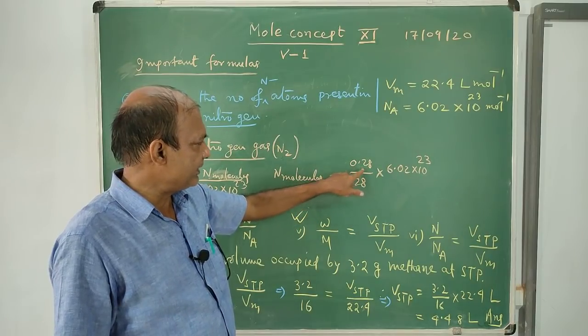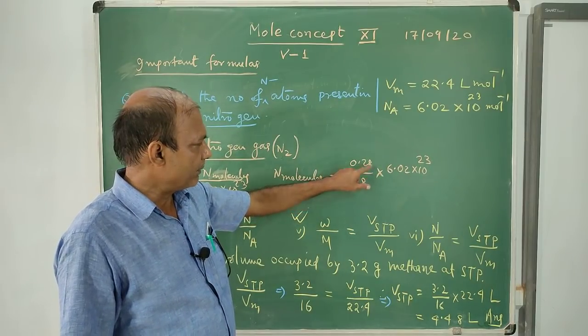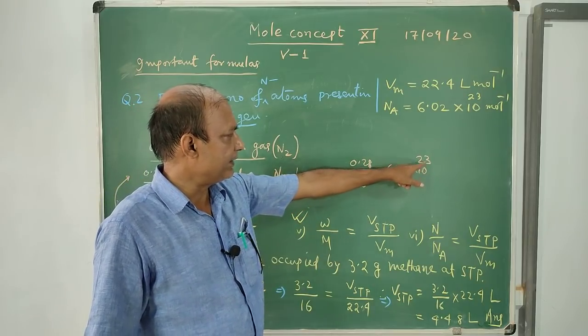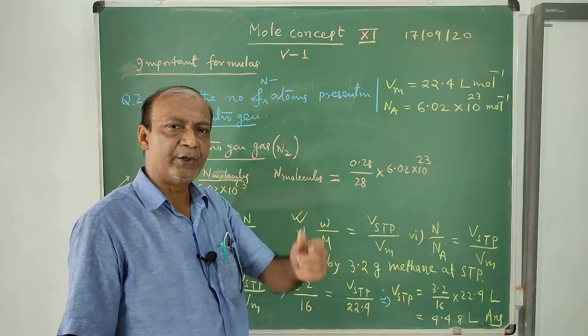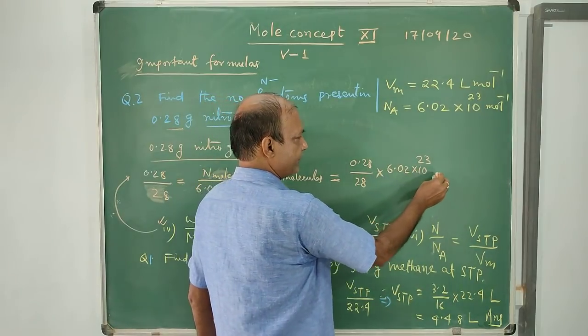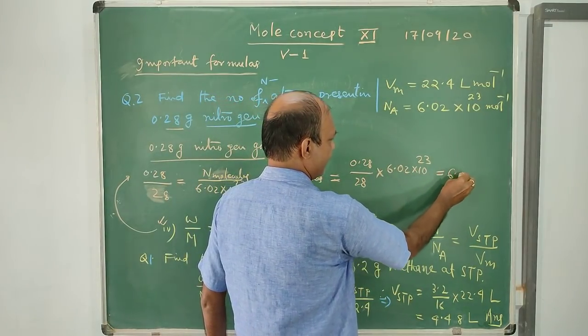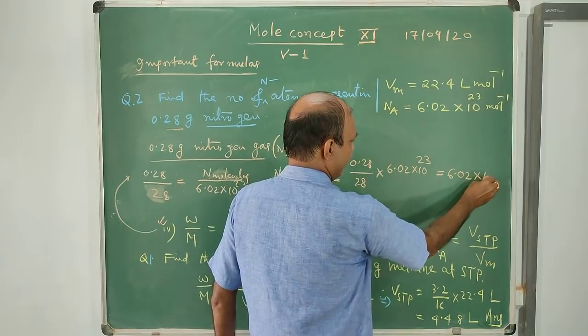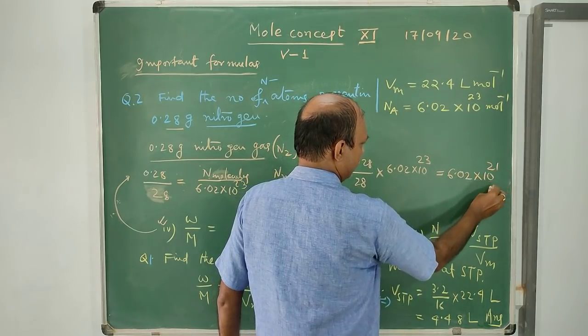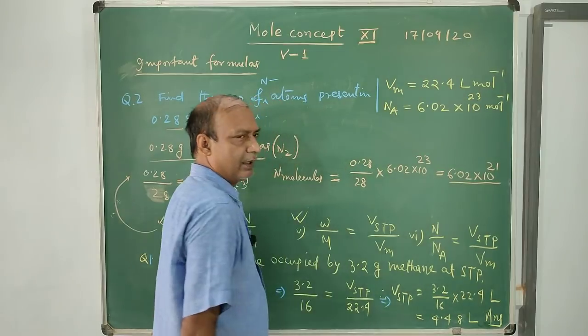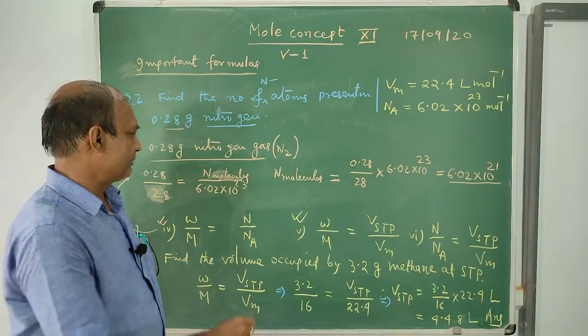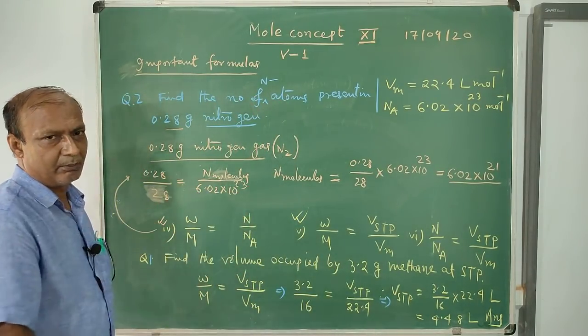It is 1 by 100. Then here is 10 to the power 23, so reduce 2 zeros from here. The answer is 6.02 into 10 raised to 21. This is the number of molecules. So you got the number of molecules because you have taken molar mass.